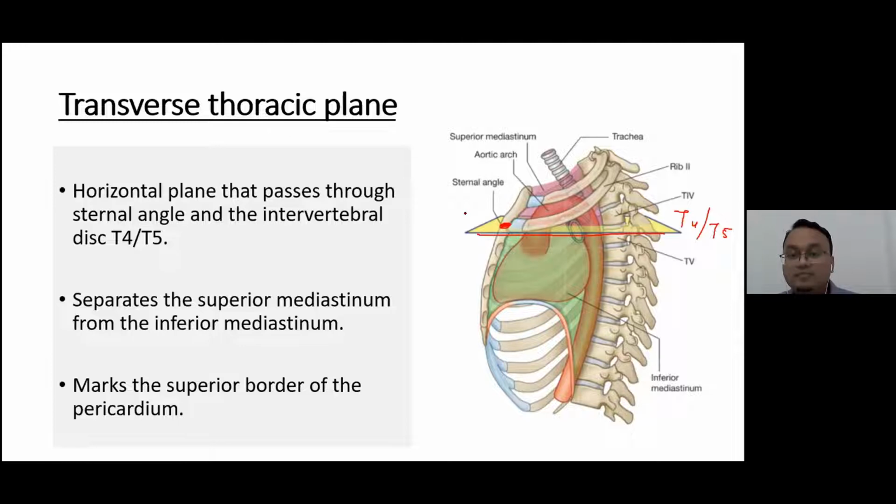Anything above that is the superior mediastinum, and whichever lies beneath it will be considered the inferior mediastinum.